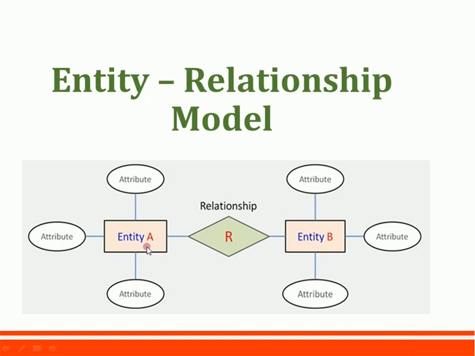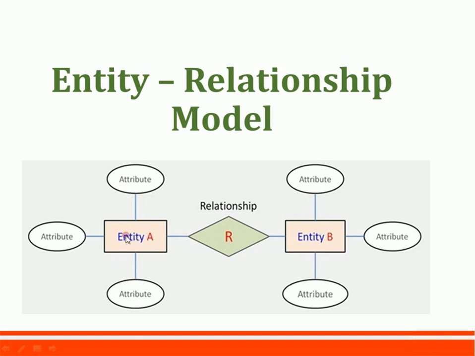For example, if you have a university database, inside which you may have any number of entities like student, instructor, project, etc. Here, consider that entity A is a student and entity B is an instructor. Then the relationship between the student and the instructor will be advisor or something like that, because the instructor will advise the students.